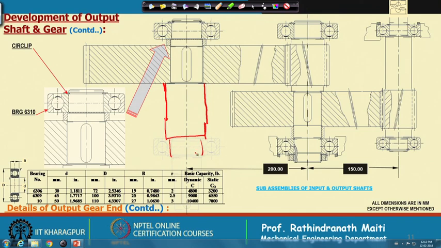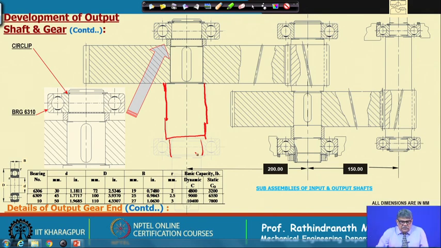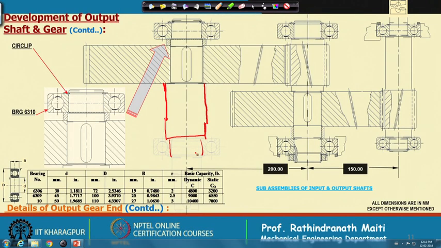Now, in choosing this output shaft, one question will arise: why are we putting the input and output sides in reverse directions? One reason is that the size of the machine and the size of the prime mover may be such that we cannot put the input and output on one side, so it will be on the other side. The next question is, is it possible that we can reverse this?